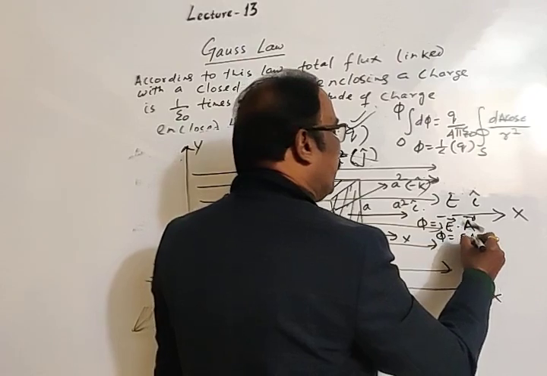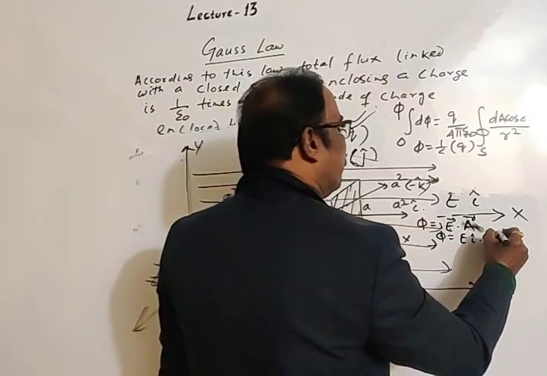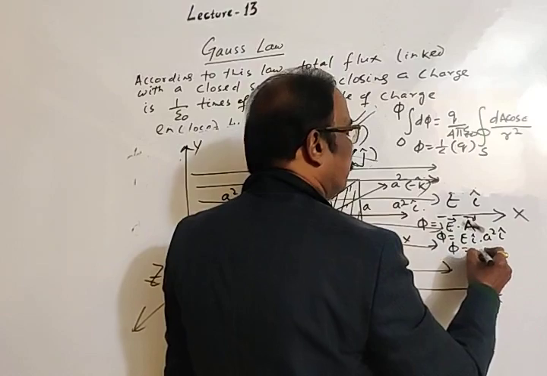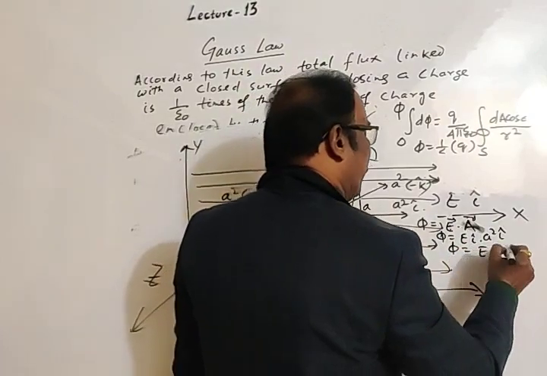So E i cap dot A square i cap. So flux is E A square.